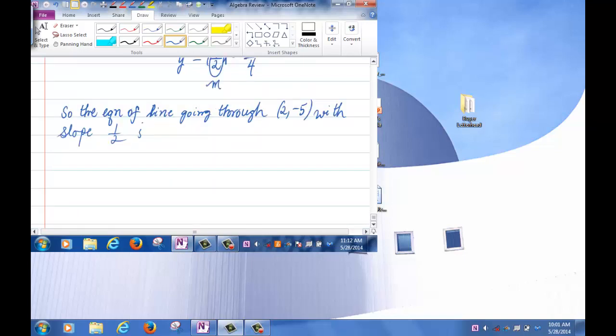You apply the point-slope formula, right? So what is that? y minus negative 5 equals half times x minus 2. And that's the equation of the straight line which is going through 2, negative 5.